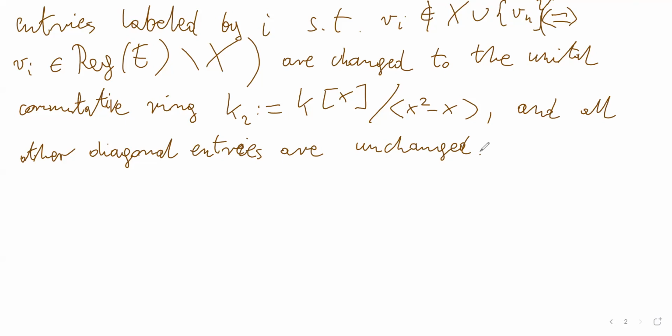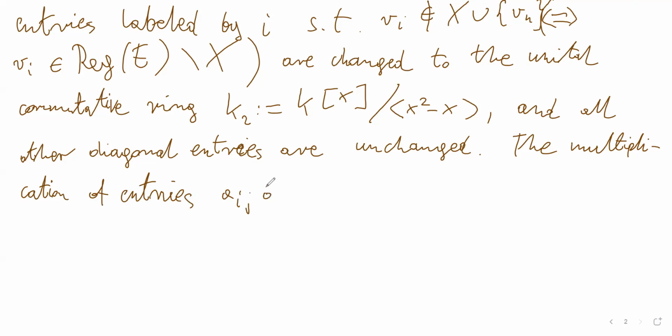Of course, this is a matrix algebra, so I multiply by the usual matrix multiplication formula. But now some of these entries are no longer fields. So in order to make sense of the multiplication, I have to specify what happens in certain places. So the multiplication of entries, because once I have multiplication of entries, I have multiplication in my matrix algebra. I take Aij and Bjk, and I put some big dot here to denote this special multiplication I'm defining.